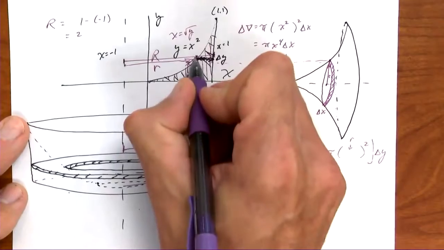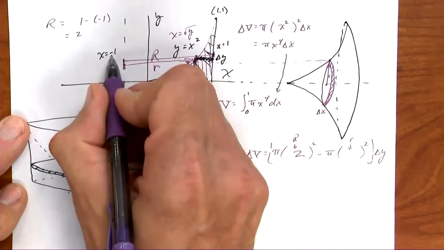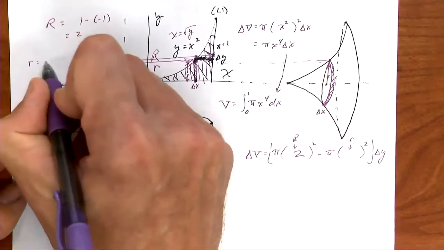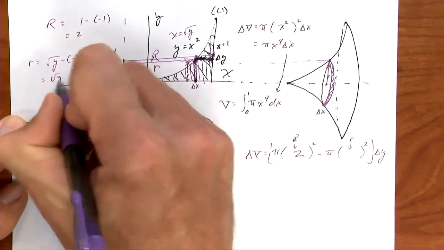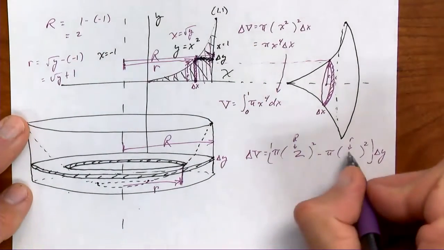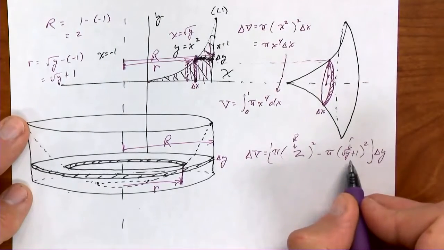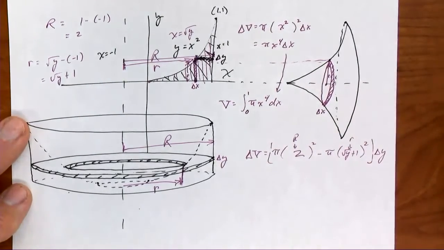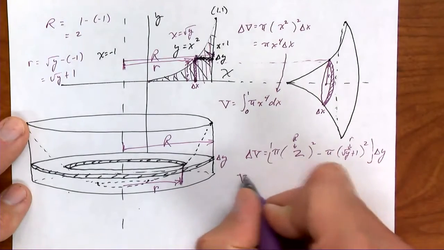We take the x value here, which is the square root of y, minus the x value here, which is negative 1. Of course, it becomes the square root of y plus 1. That's our little radius.